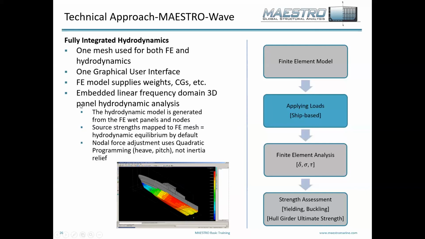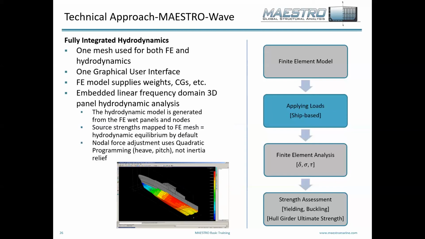Maestro Wave uses a linear frequency domain 3D hydro panel analysis. As we just mentioned, it's generated from all of the wet panels and nodes in the model. The source strengths will be mapped directly to the FE mesh, and one of the nice things is that we'll have a hydrodynamic equilibrium by default.